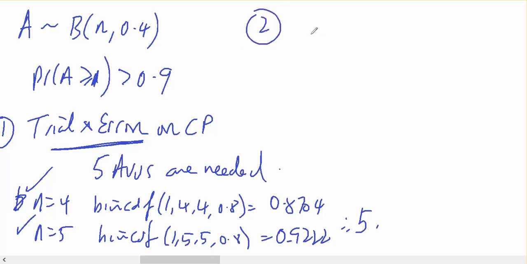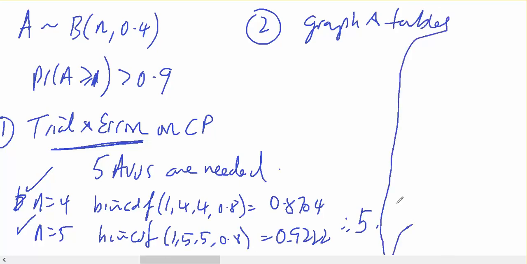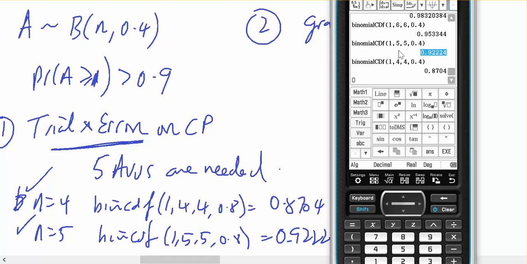Method number 2 is using graphs and tables, and it looks like this. I'm going to replace this with x, because x is the unknown, which is the n value.